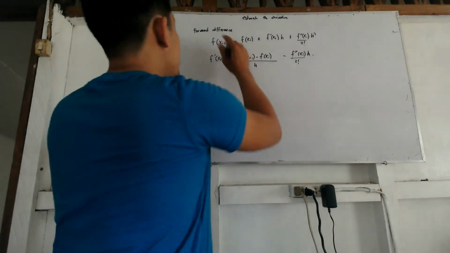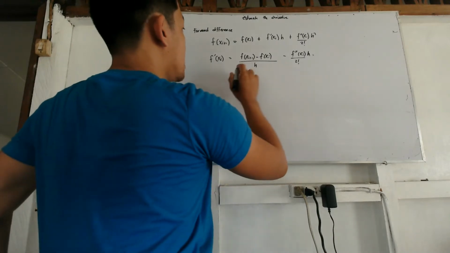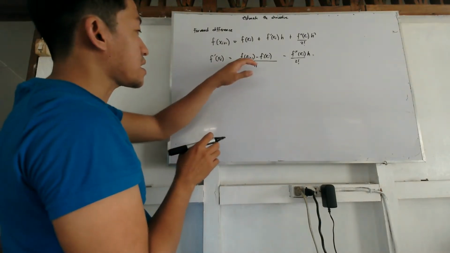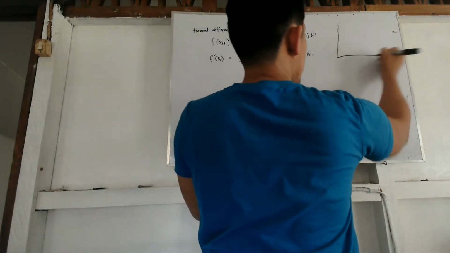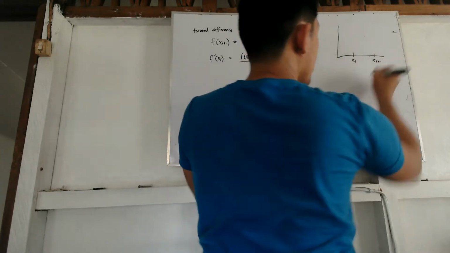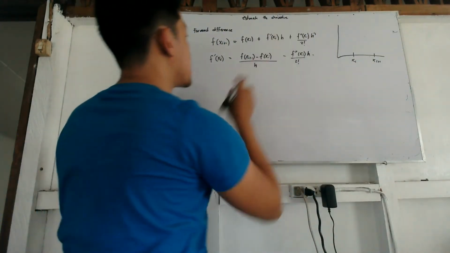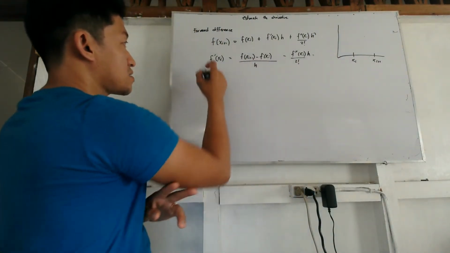So this is what we call the forward difference, because we are using, okay, so if this is your x sub i, we are using this value, the forward value, x sub i plus 1.